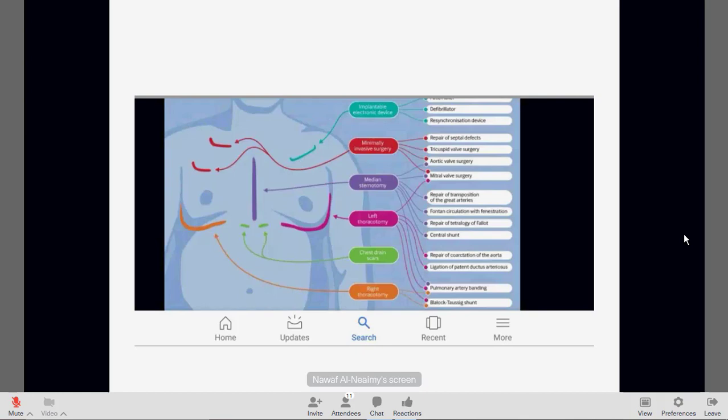Posterolateral ايش اقصد بيها؟ معناته أنه it comes from the back along the lateral side of the chest and variable extension into the anterior part of the chest.